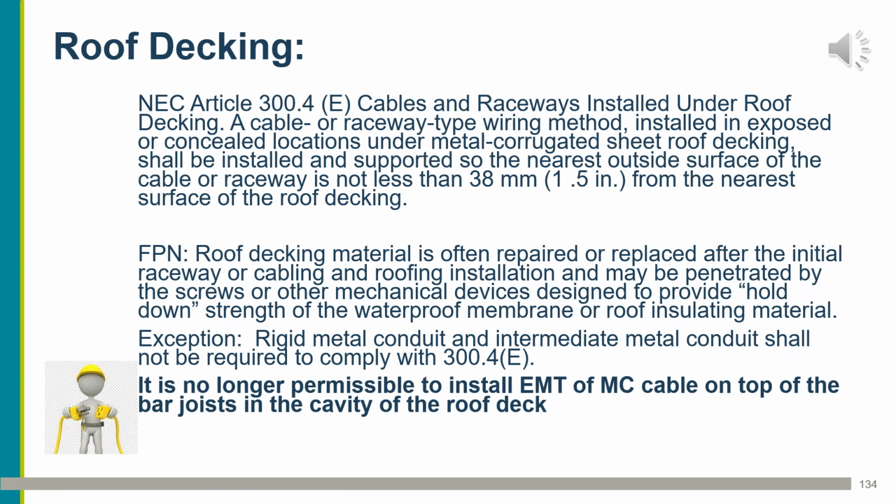We see this quite a lot where EMT is run right up against the roof deck. Now, there are some exceptions if you use rigid metal conduit or intermediate metal conduit, but for MC or EMT, you cannot be within 1.5 inches of the roof deck.